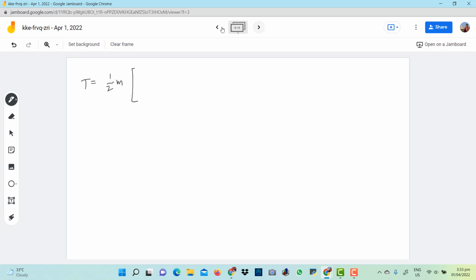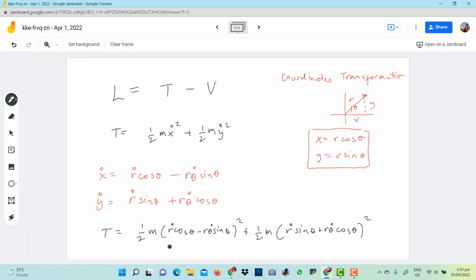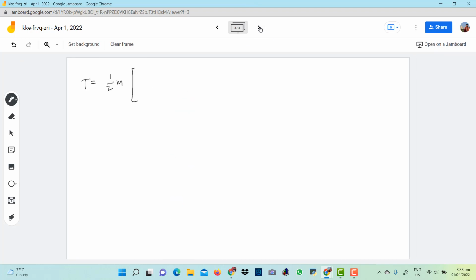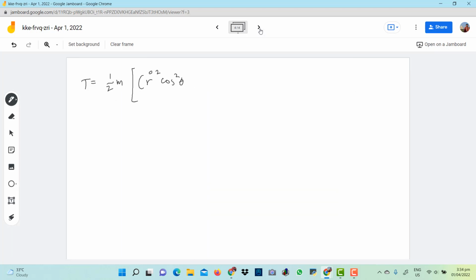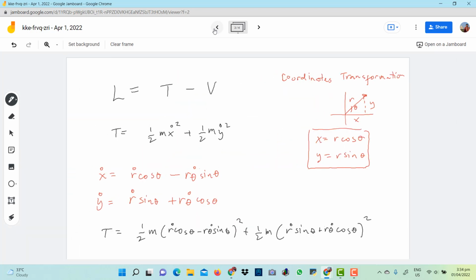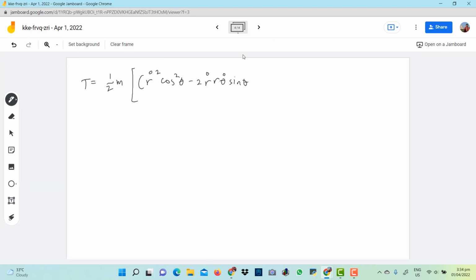Using the FOIL method, this is equal to r dot squared cosine squared theta minus 2 r dot r theta dot sine of theta cosine of theta.